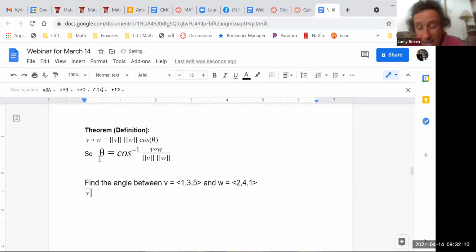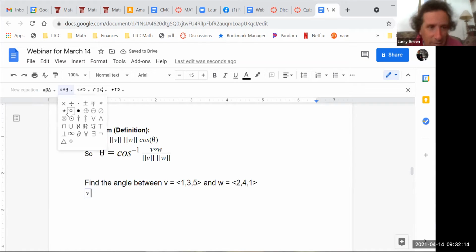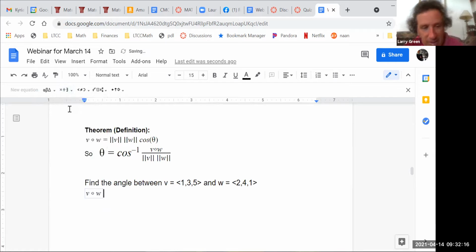is we can look at V dot W. Now, hopefully you can all tell me what V dot W is. What is it? Yeah, so it's going to be 1 times 2 is 2, plus 3 times 4 is 12, and that's 14, plus 5 times 1 is another 5, that's 19.